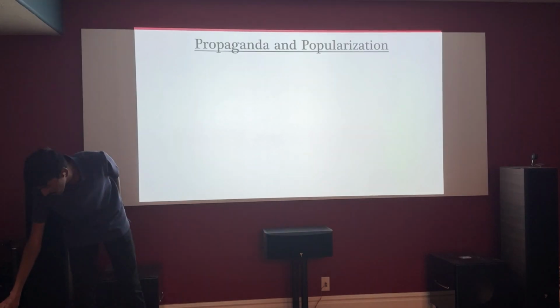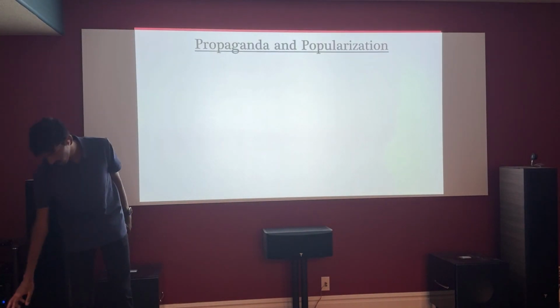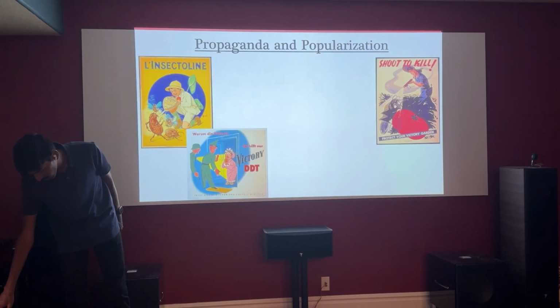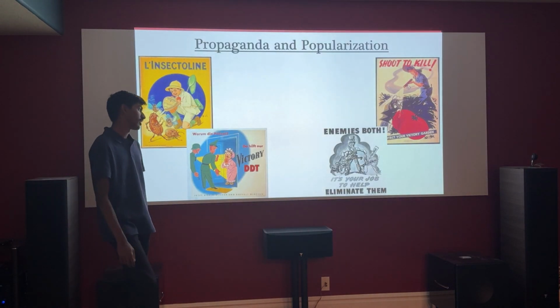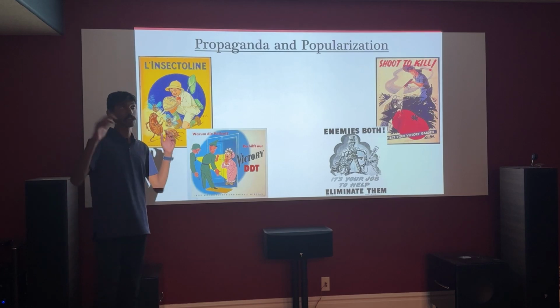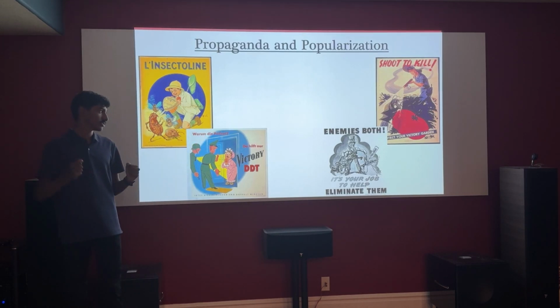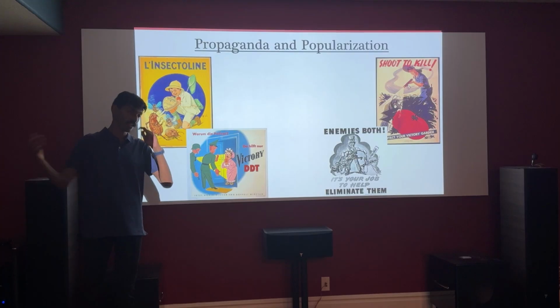So, let's talk about how DDT became so popular. During and after World War II, there was a wide set of advertisements and propaganda that painted malaria and mosquitoes as enemy number one and claimed that DDT was the only solution. It's this sort of miracle pesticide that kills everything.